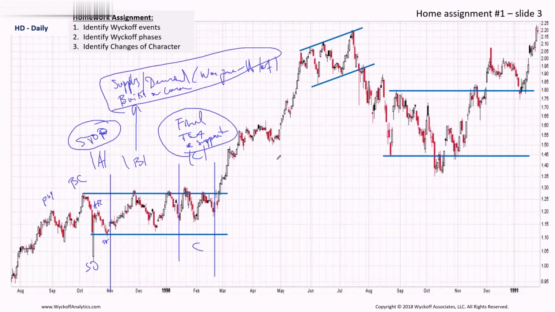Okay, so where is our phase D? Phase D follows the last point of support, precedes the last point of supply, and then as the price moves out of the trading range. The last point of support, just because we are in the support.